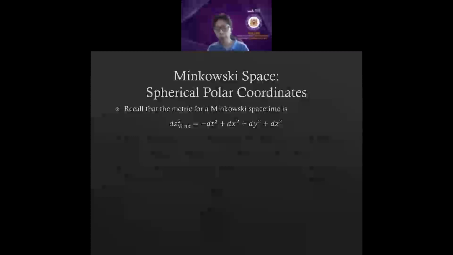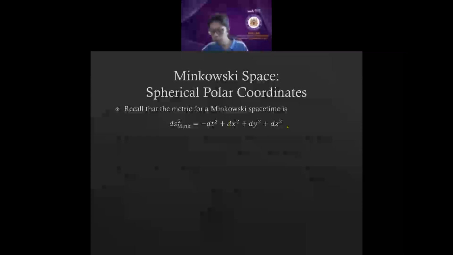Right. So recall that I mentioned yesterday that the metric for a 4-dimensional Minkowski spacetime, that is 3 space and 1 time, is given by this metric in the convention where c equals 1.